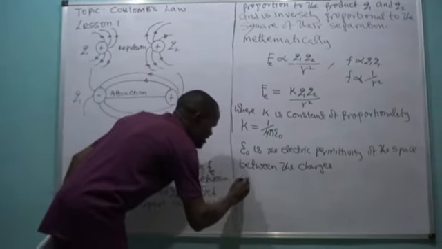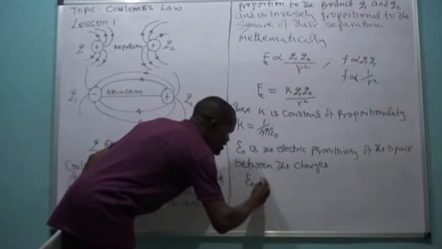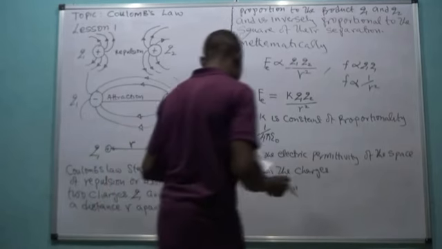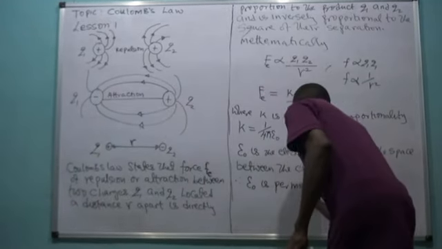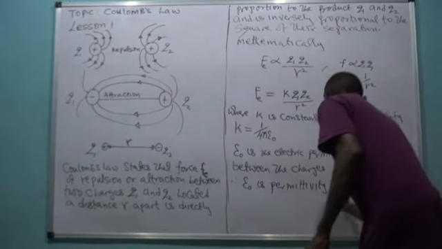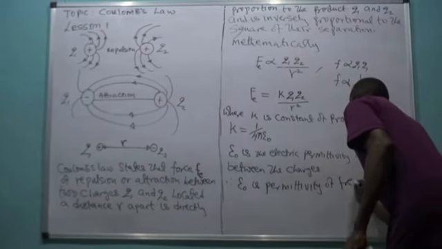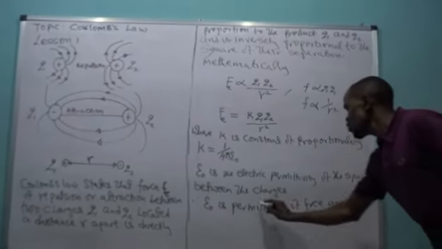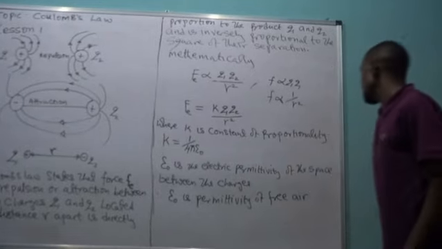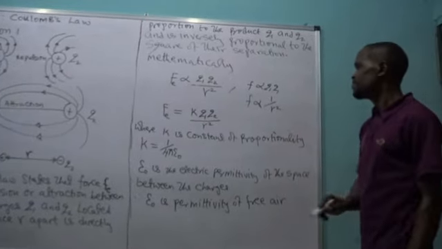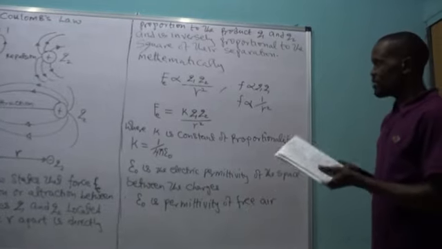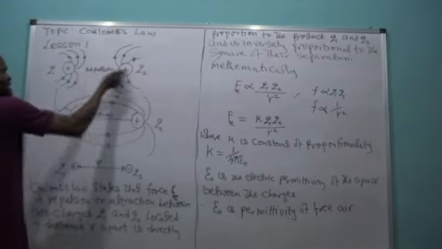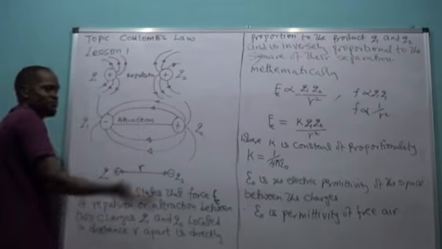So epsilon O is the permittivity of free air. How did I get it to be free air? Because where I did this experiment, where I keep this charge and where I keep this charge, is in free air.